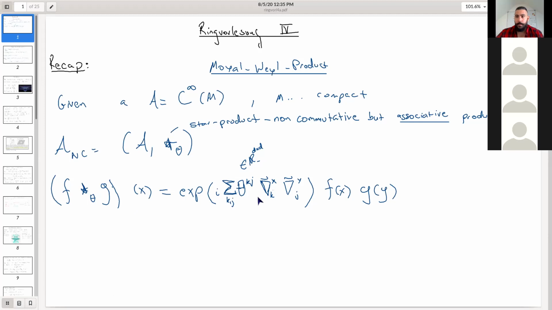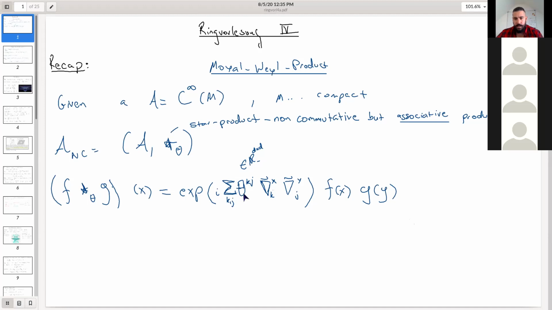namely, by the former algebra and the algebra with the star product. This replaces the pointwise product, and it is given by the following exponential term. It's e to the i, the sum over k and j, theta kj, nabla k, nabla j, f of x, g of y, and then at the end of the day, sorry, I missed that here, you set x equal to y.